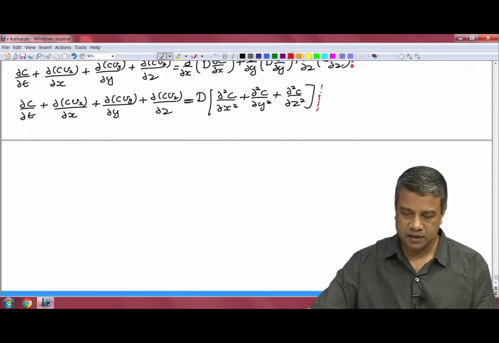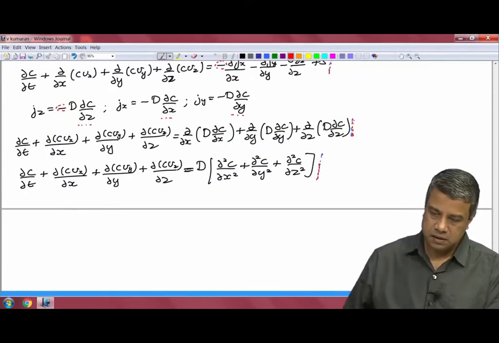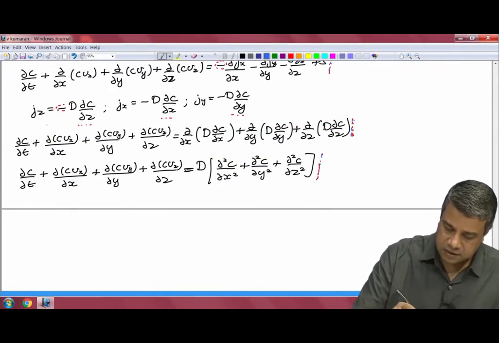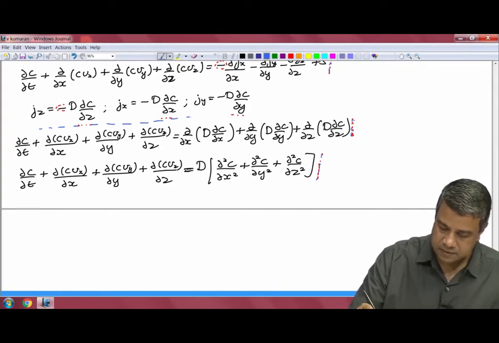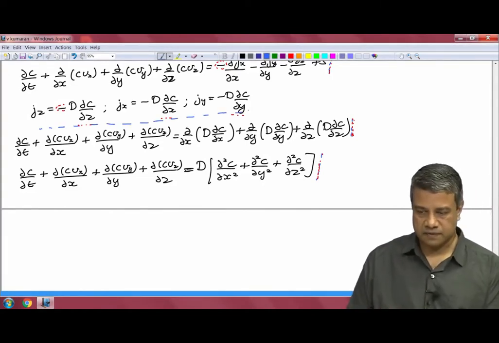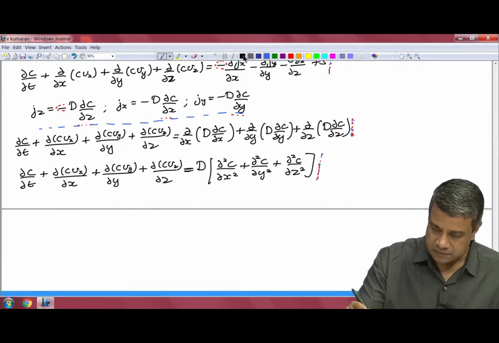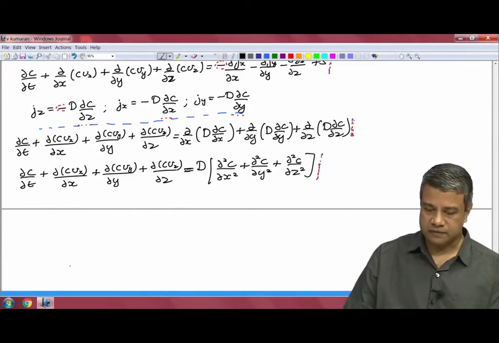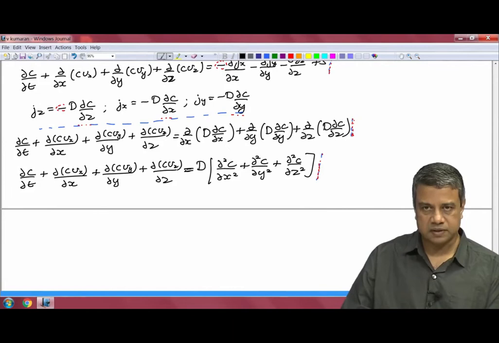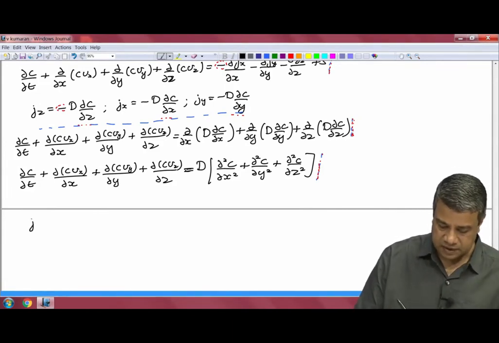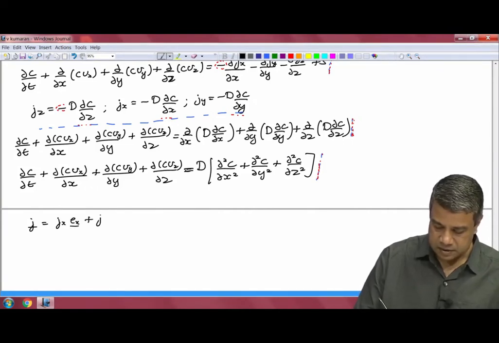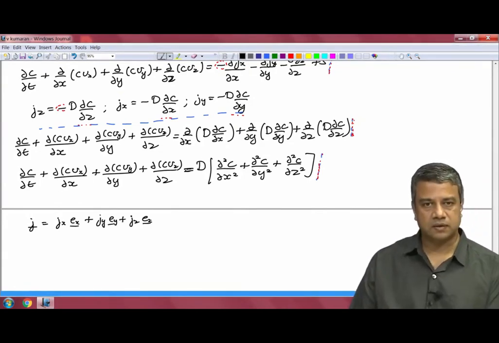Now, if you recall, I had this particular expression for the flux. The flux is a vector. What I have written here are its components. The flux is in general a vector: vector J is equal to Jx ex plus Jy ey plus Jz ez in a Cartesian coordinate system.